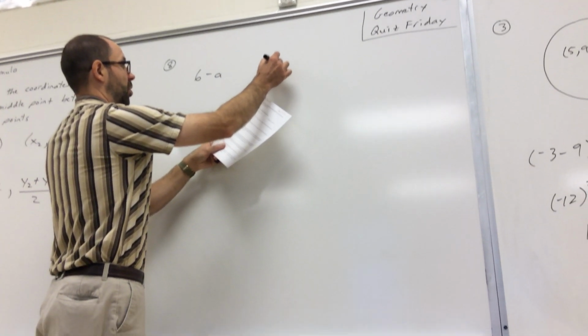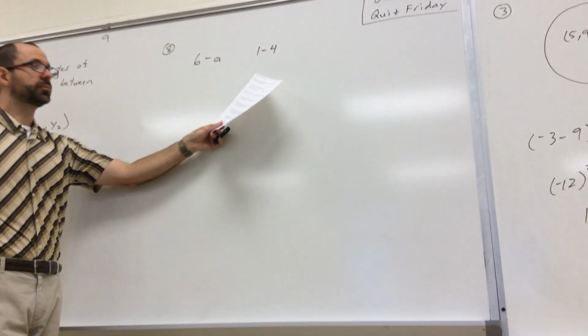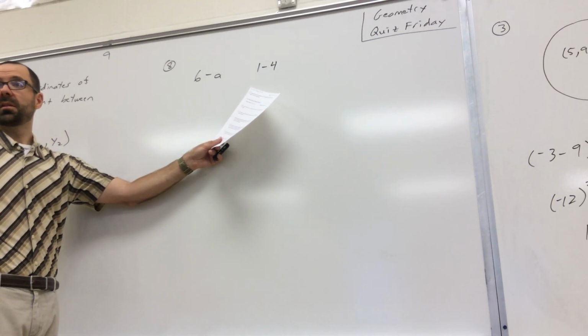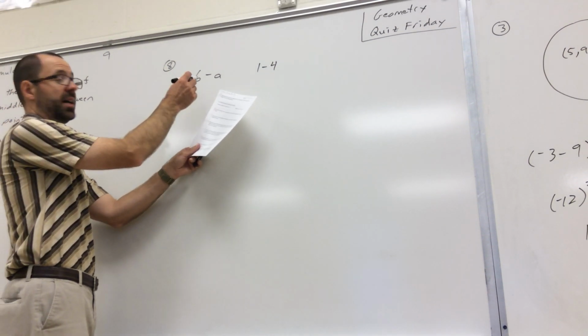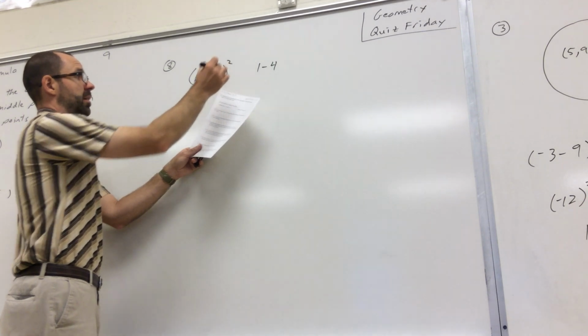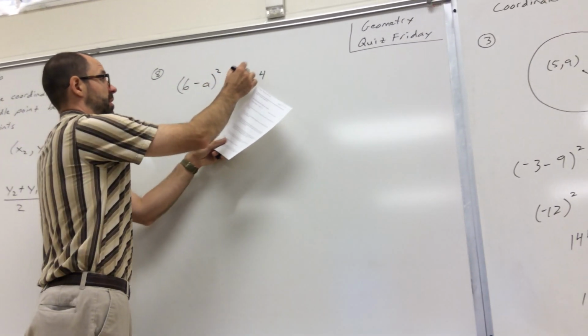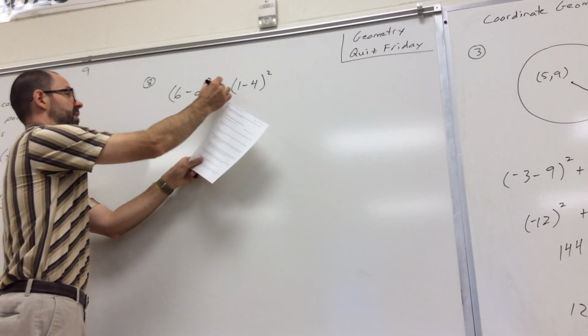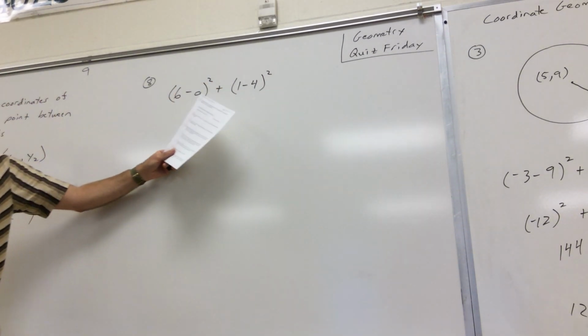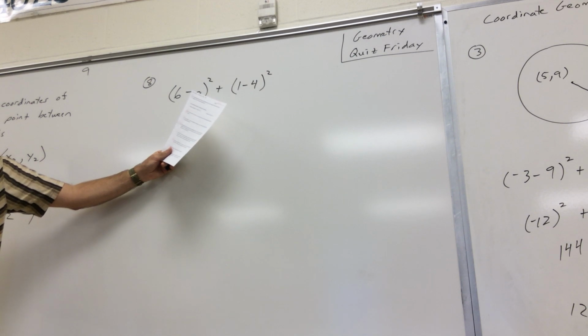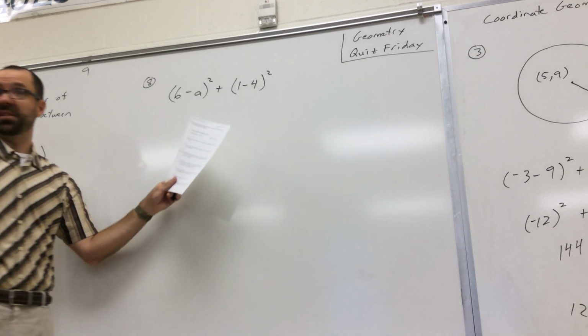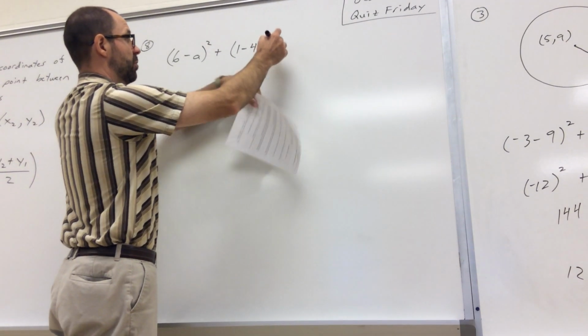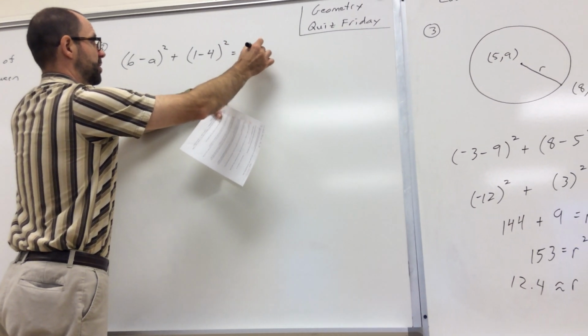So 1 minus 4. Okay, so we subtracted the y's, and then you square that. And we subtracted the x's, and then you square that. And then you add the answers. And then they told us that the distance is 5, so we can equal that to 5 squared.